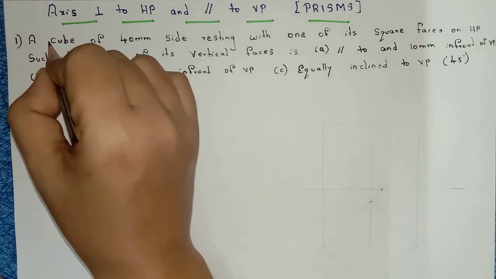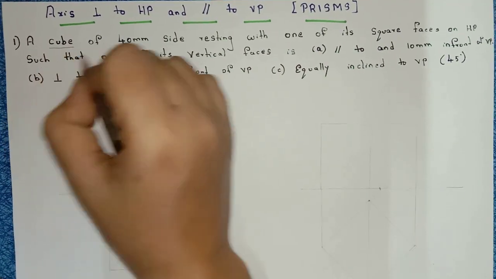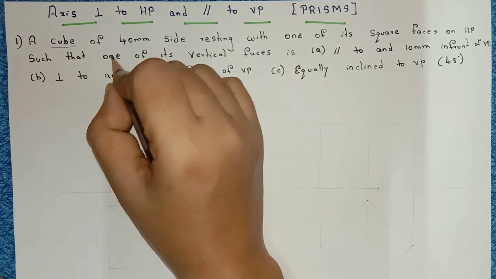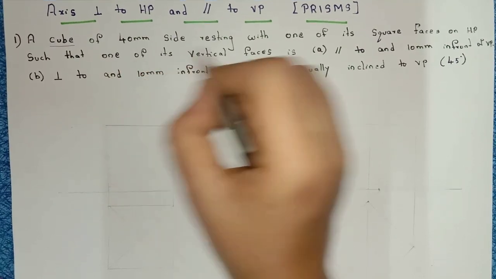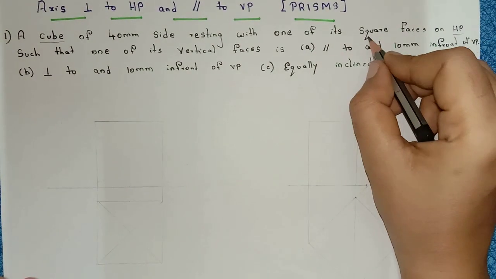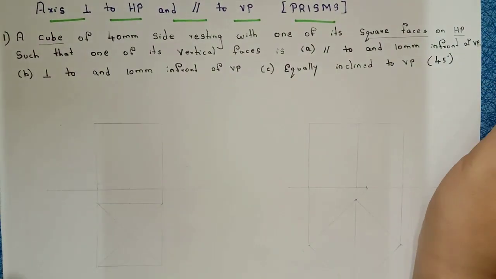See, in this question you have to construct the cube. All sides will be equal. Here length is 40 mm, right? We have to construct the cube on HP. The condition is the square face should be on HP, so it is clear.